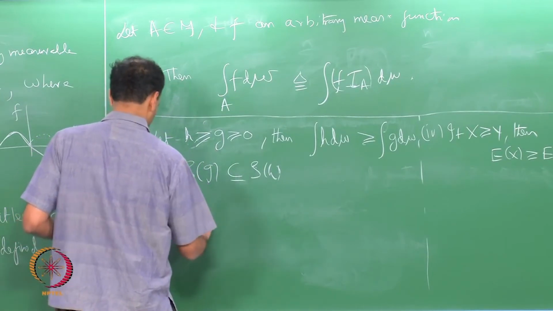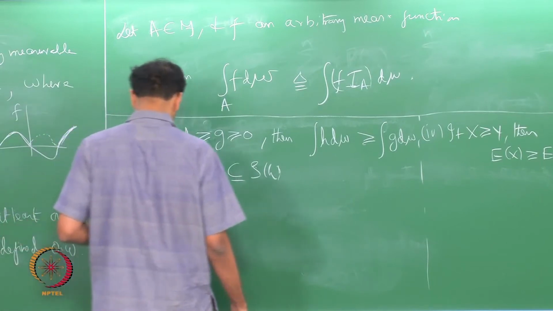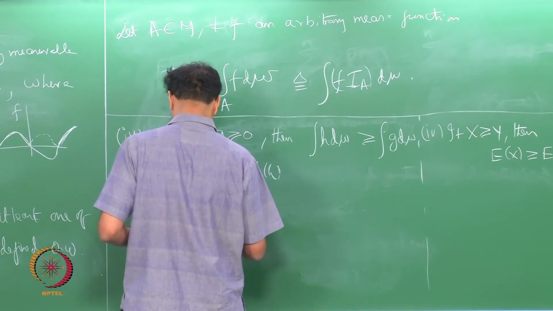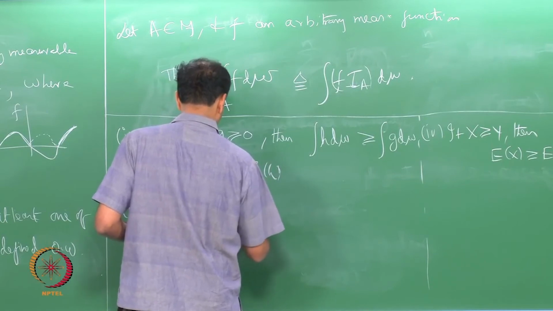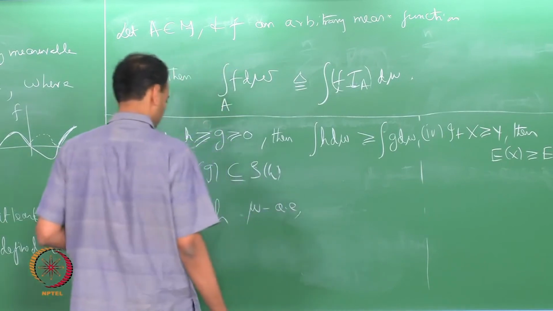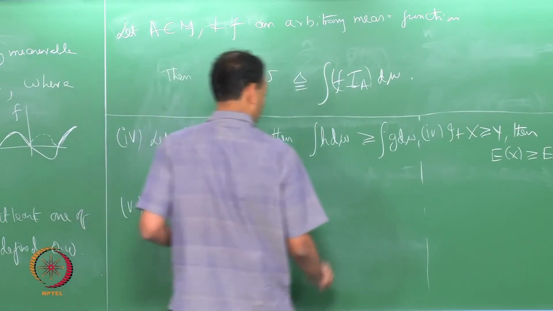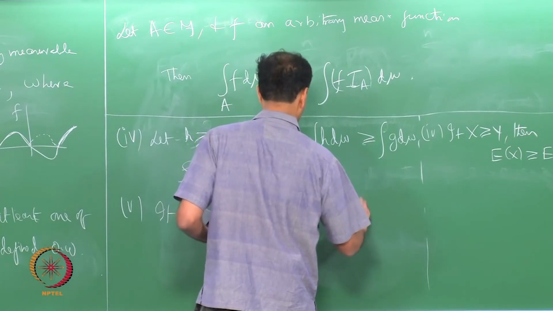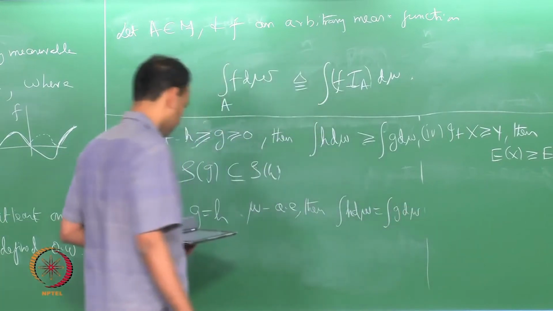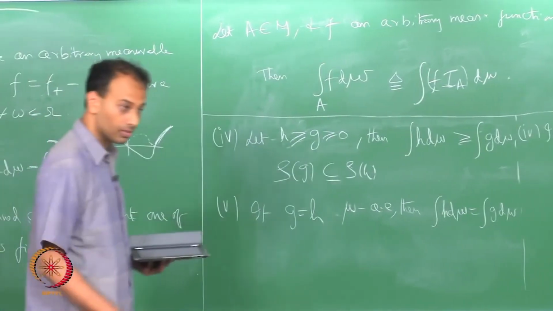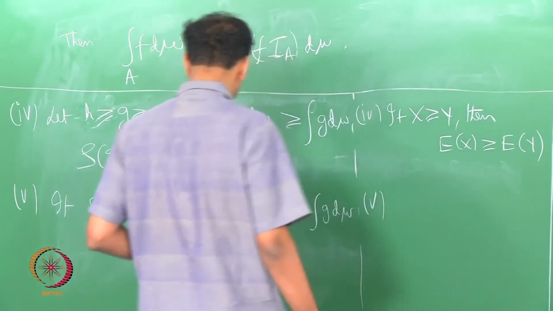If G equals H mu almost everywhere, then the integral of H d mu equals the integral of G d mu. Okay, this is a very important property, and the corresponding random variable version will be what?